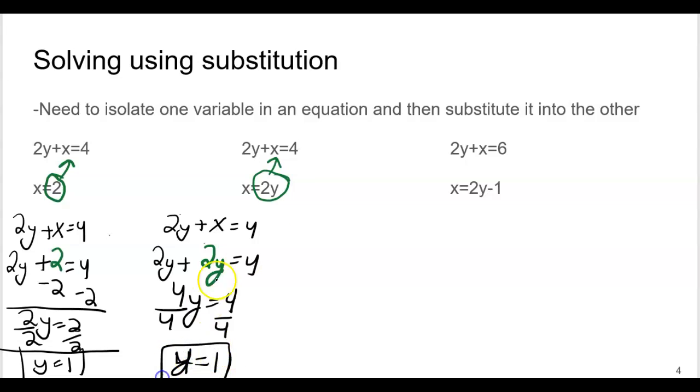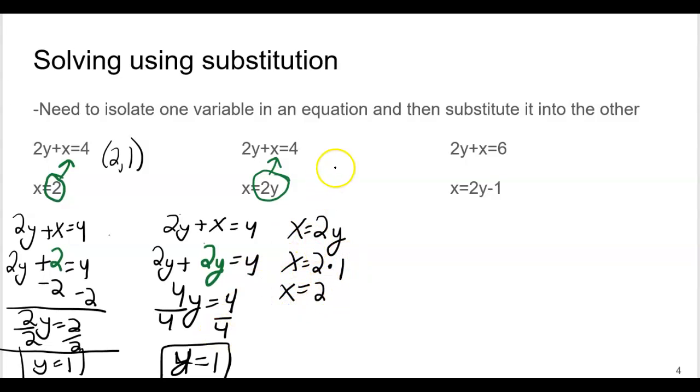And then something else we could be talking about is here y was 1 and x was 2, so it'd be 2 comma 1. Here I know my y, but I don't know my x yet. But now I can solve for my y, or my x using my y. So I would have 2 comma 1 again.